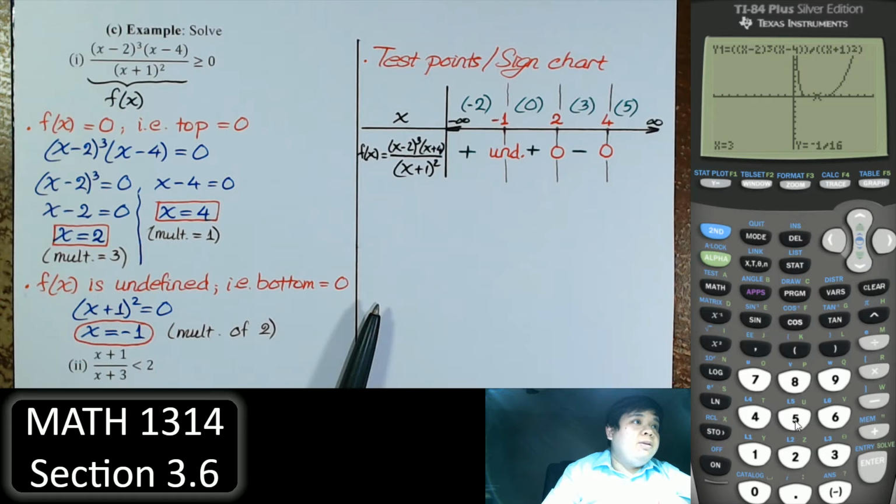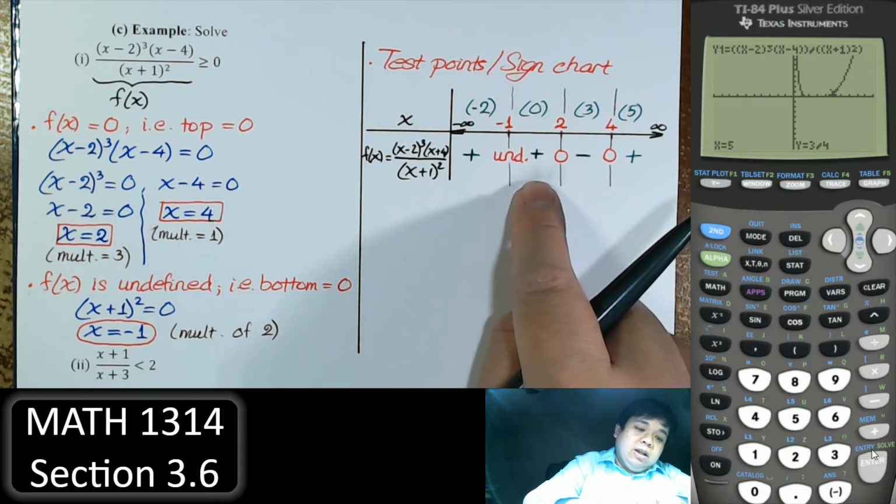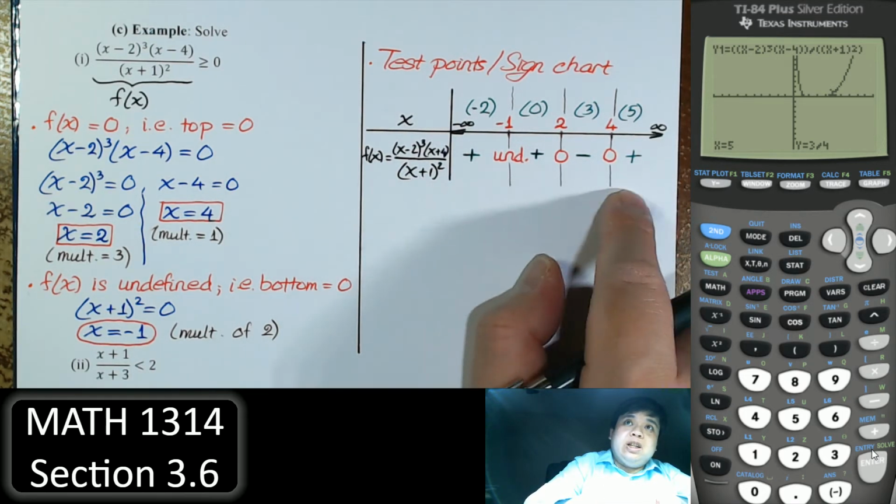And then 5 is positive. Because here's an odd multiplicity, the sign will change.